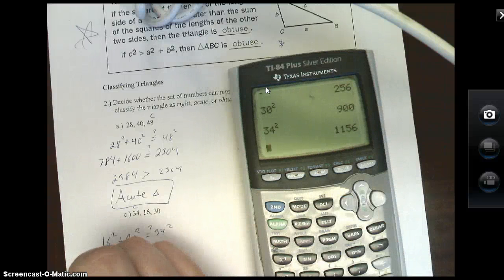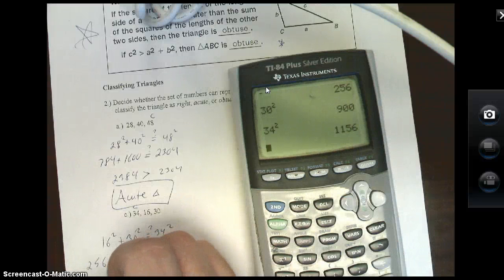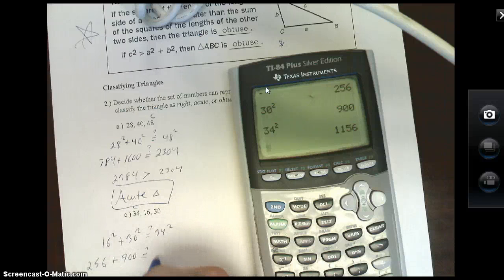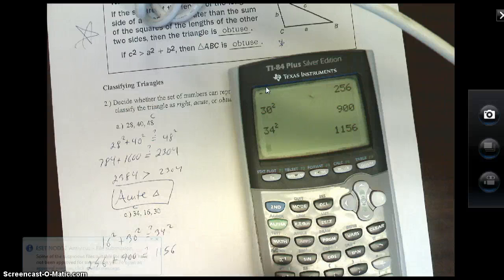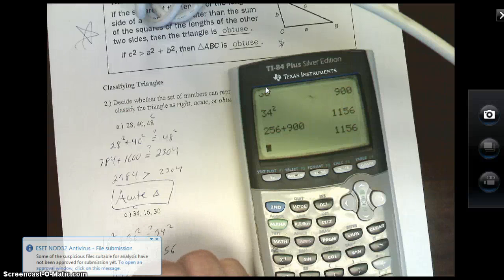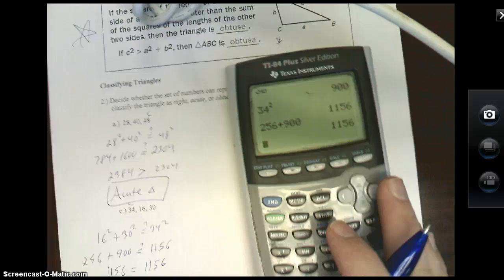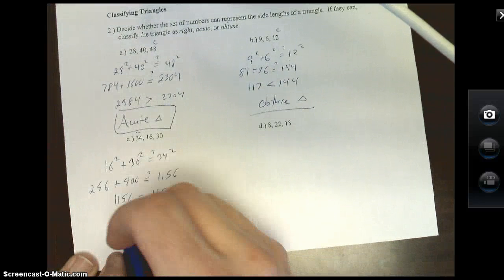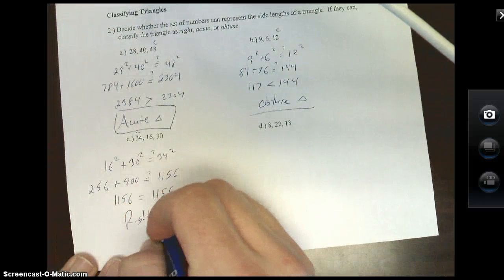So we got 256 plus 900, seeing if it equals 1156. 256 plus 900 gives you 1,156, which equals 1,156. Sorry, I got a pop-up on my computer. Because they equal each other, this would be a right triangle.